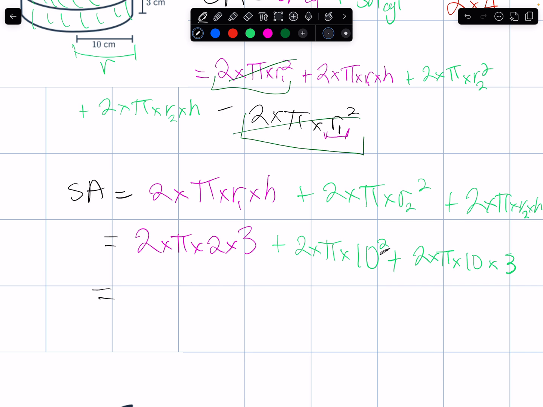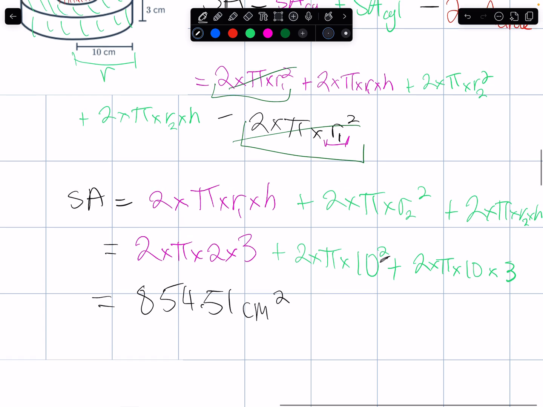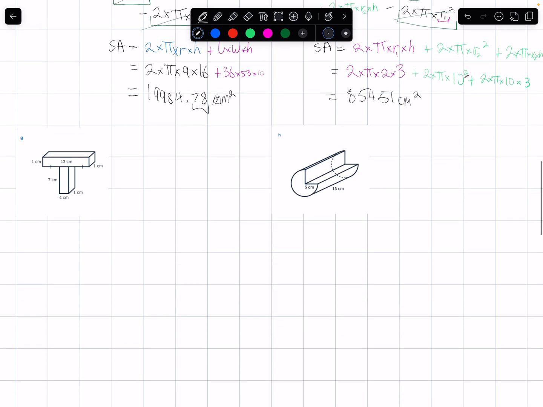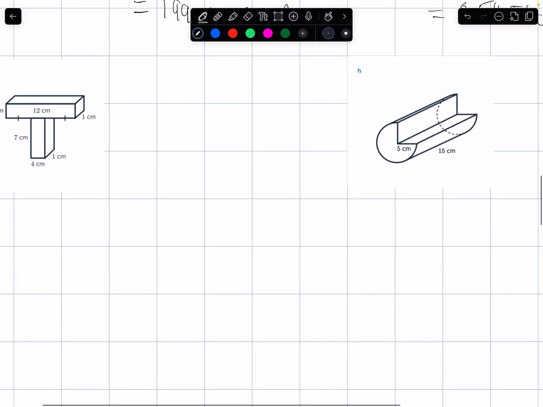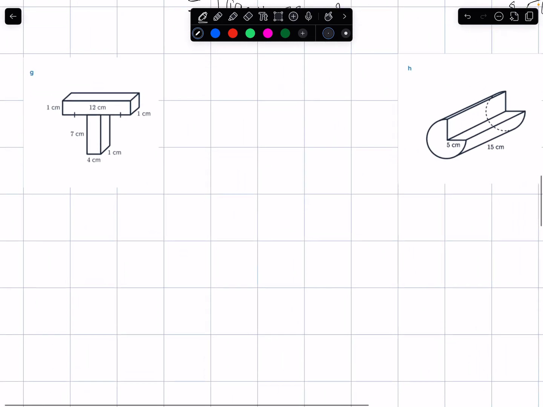Plus 2 times pi times 10 times 3 is equal to 854.51 centimeters squared. Beautiful. Look at that. All right, last two questions. Here we go.